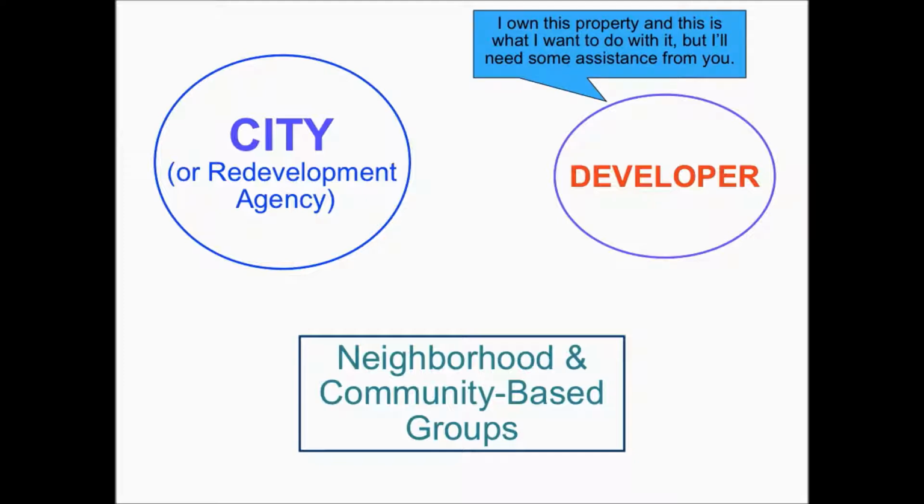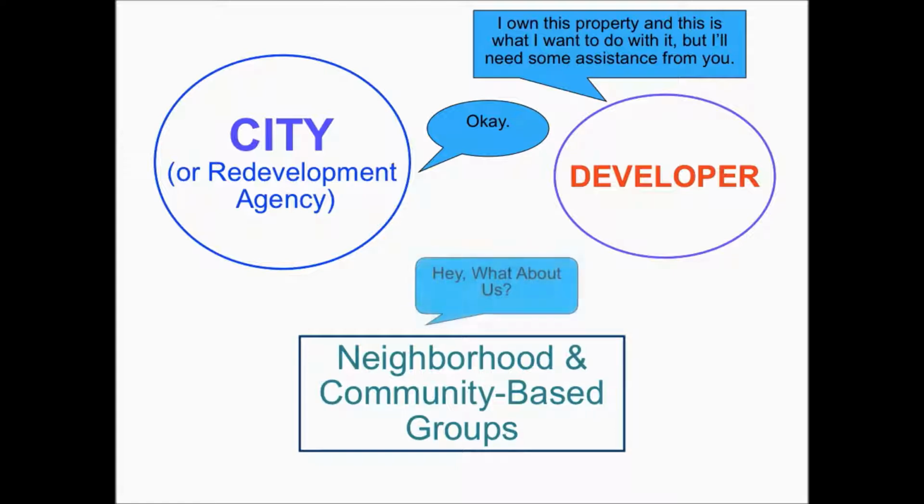So the developer might say to a city planning department, I own a particular property at this address, and this is what I want to do with it, but it's tough to do development in your city, and I need some assistance from you. And the city will usually say, okay, we're desperate for development, jobs, and tax base, so whatever you need. And the community wonders whether they're ever going to be a part of the conversation.